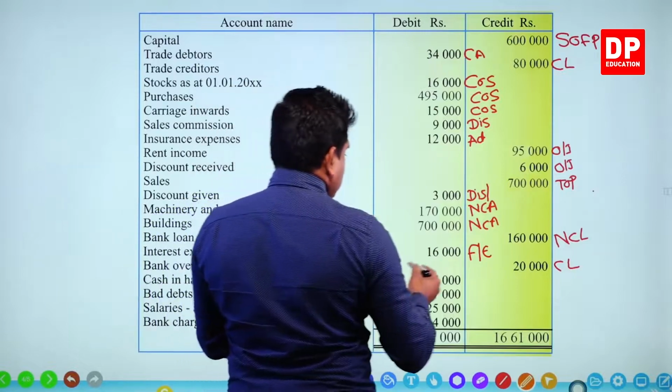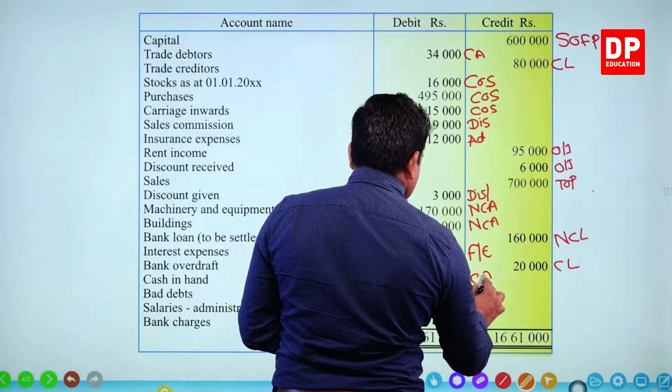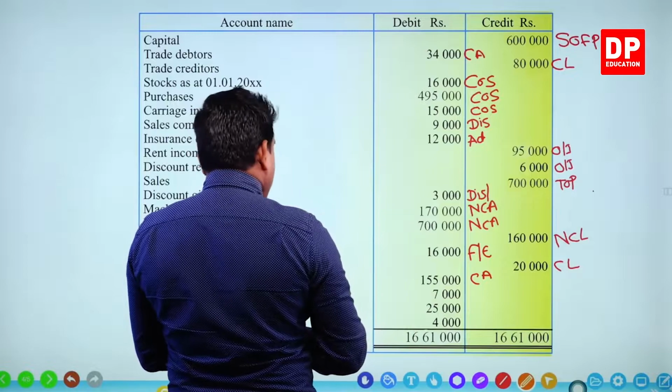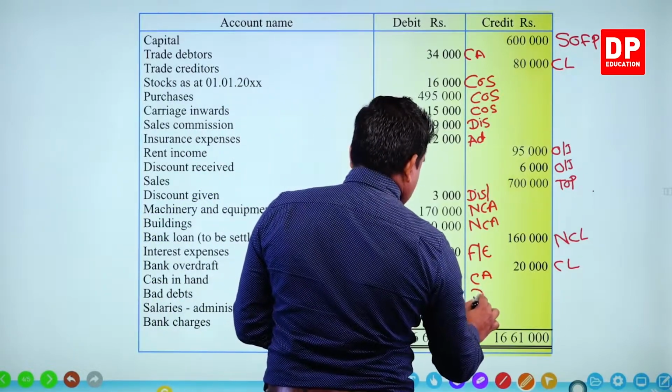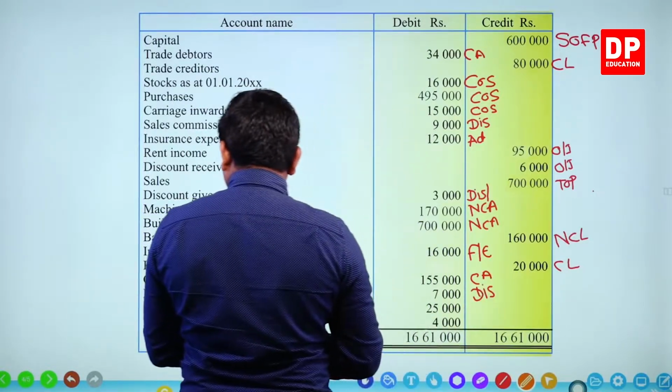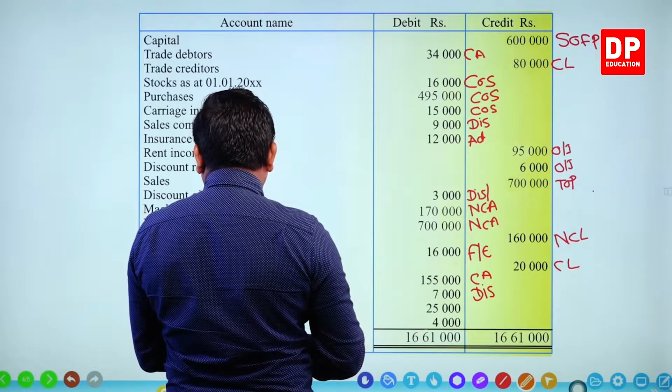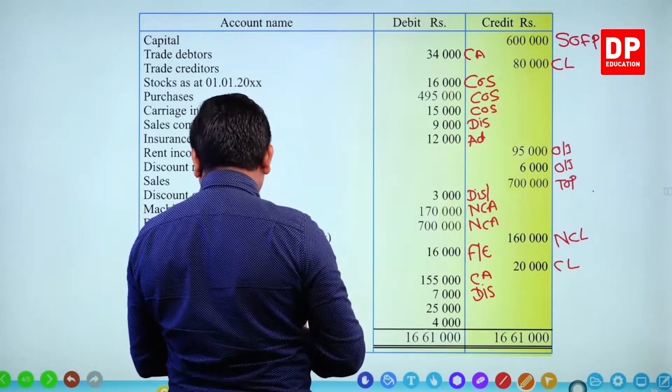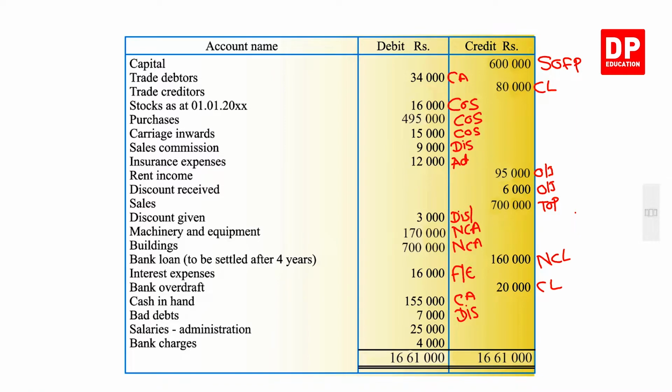Cash in hand, current assets. Bad debts distribute in expense. Salaries administration, they clearly given here, salaries where administration. Then bank charges financial expense, these are the details provided in this question.